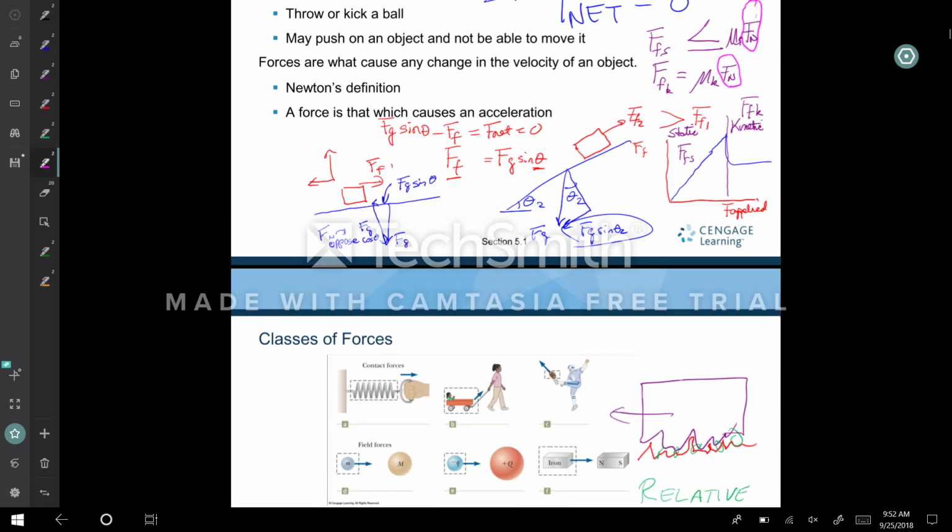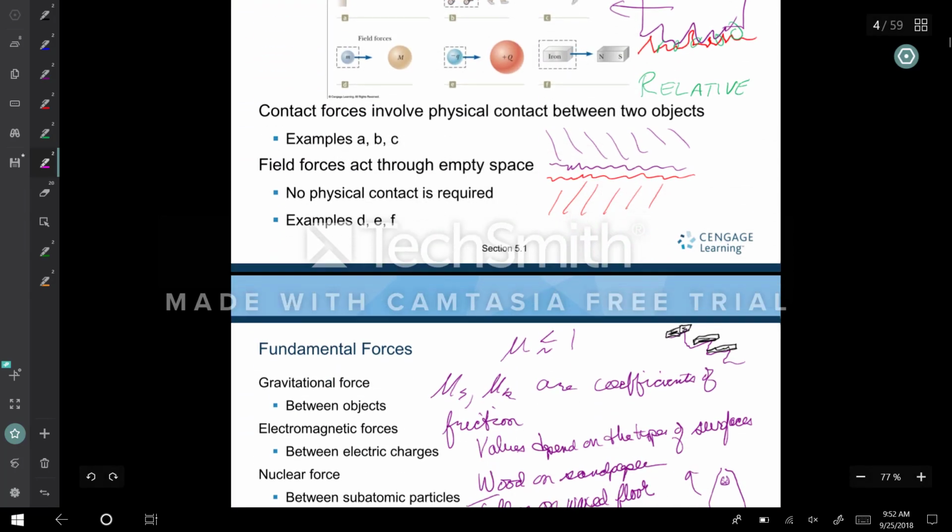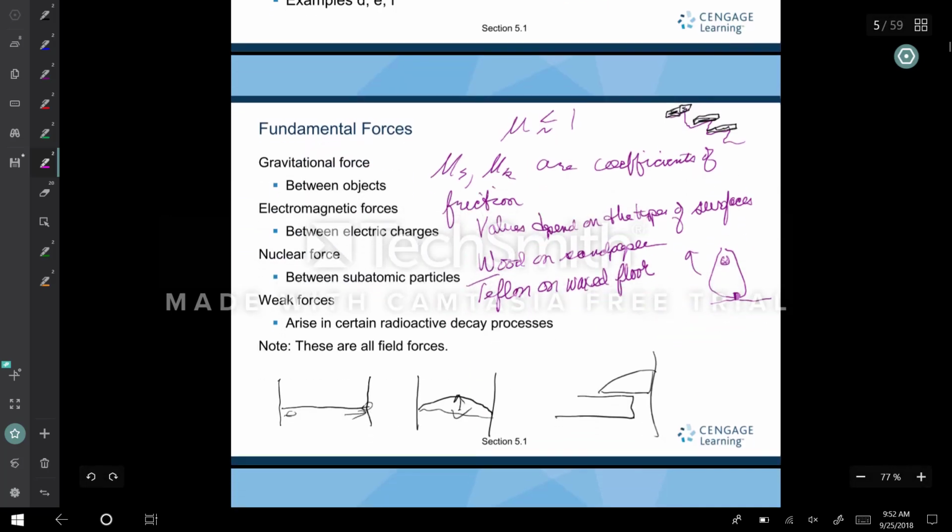Okay, cool. So every force is related to one of the 4 fundamentals, as I discussed earlier. The nuclear force and weak force are very, very large. The strong one in particular has to do with forces within the nucleus, so it's a very, very small range of a force.